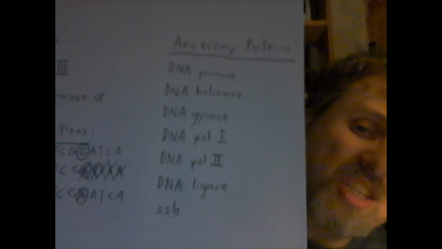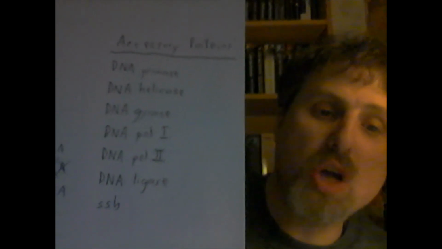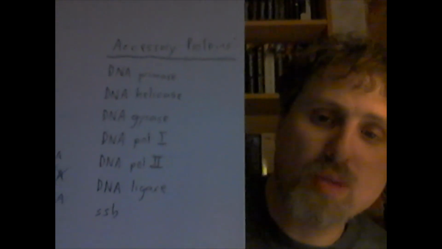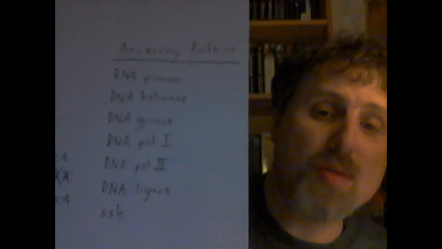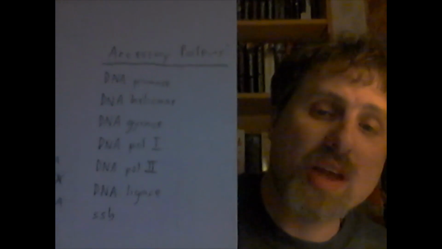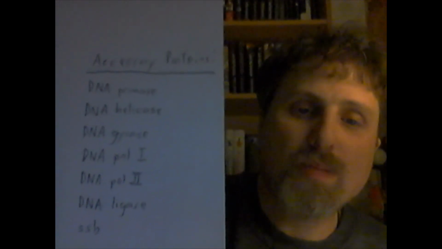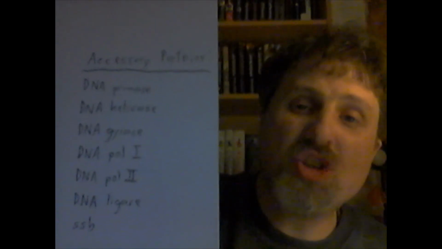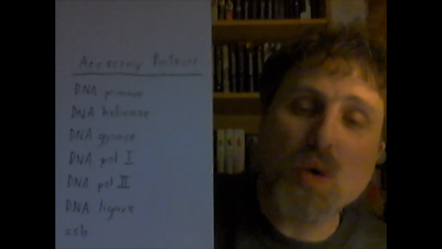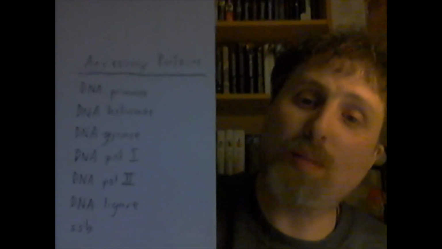DNA primase is an enzyme responsible for building a little support molecule known as the primer. Now remember how I said that DNA is always built in the 5' to 3' direction. In other words, that we join the 5' phosphate of one nucleotide to the 3' hydroxyl of the preceding nucleotide. That leaves us with the question of what do you attach the first nucleotide to? If you always have to hang it on the one that came before, how do you put the first one in place?